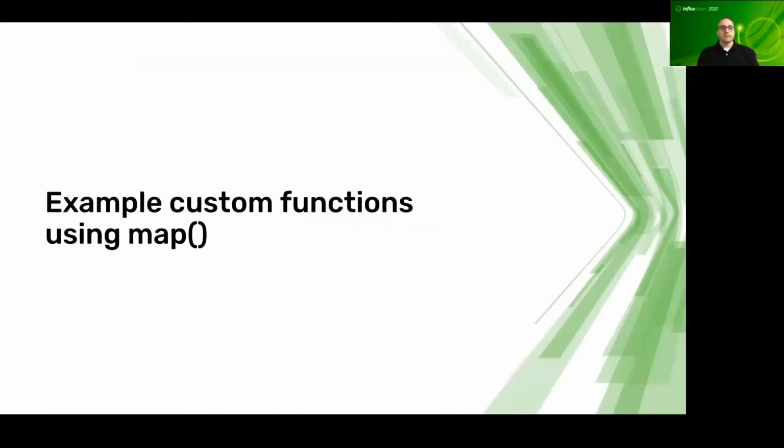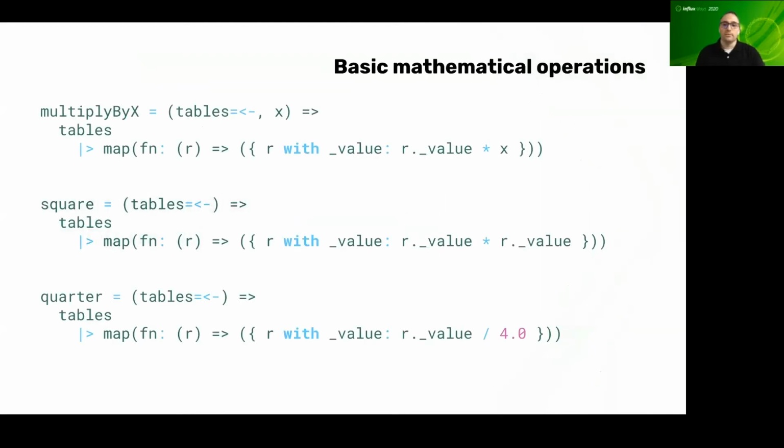So, some example custom functions or custom transformations using map. These are some basic mathematical operations. Multiply by x takes input tables and multiplies all of the values in the input table by x. So this will just return the same input table with a modified _value column where all of the values in that column are multiplied by x.